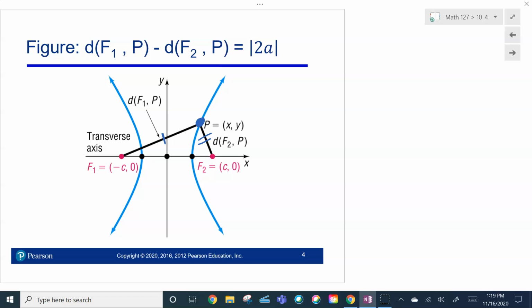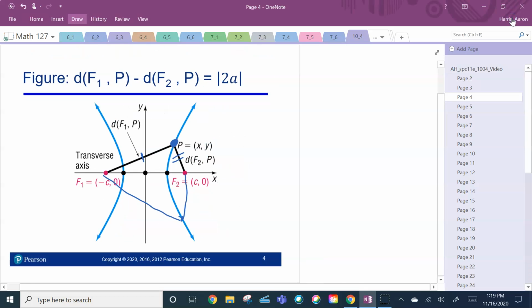So it's the collection of all those points whose difference is a fixed amount, right? The hyperbola makes up all those. If I put the point over here, that distance minus that distance is also a fixed constant k, which is the absolute value of 2a. Let me show you how that 2a comes about.